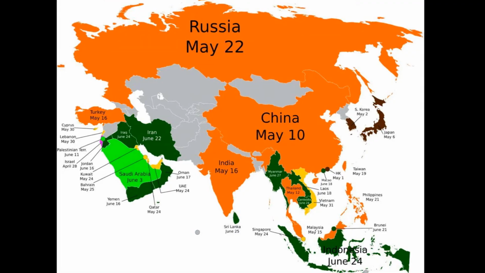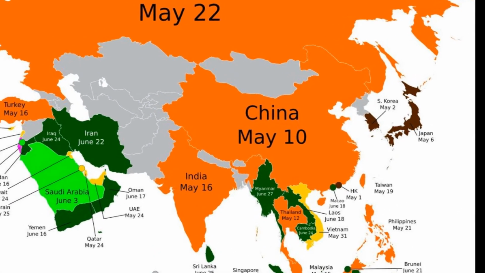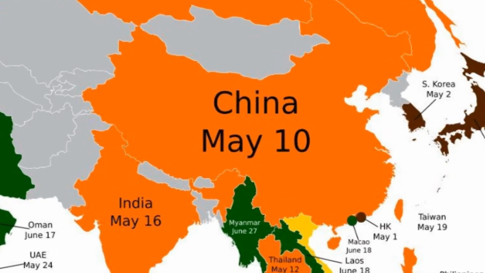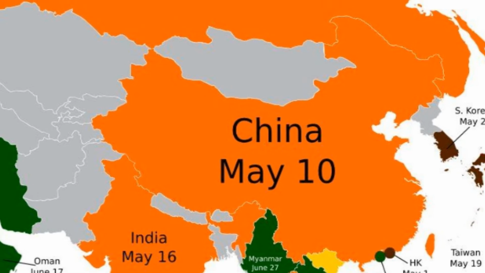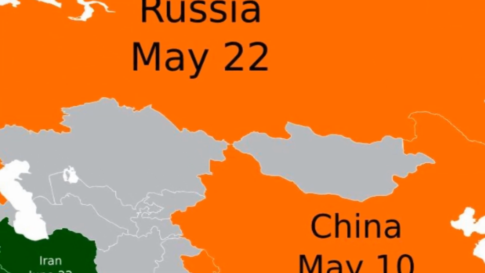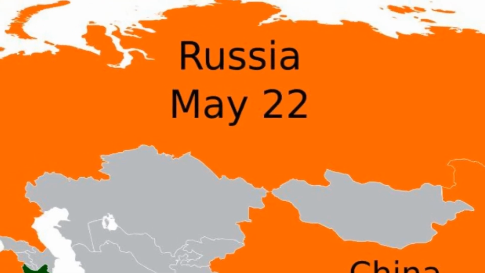The second one is the Asian flu. This happened between 1957 and 1958. The Asian flu pandemic, which was a blend of avian flu viruses, began in China and eventually claimed more than 1 million lives.